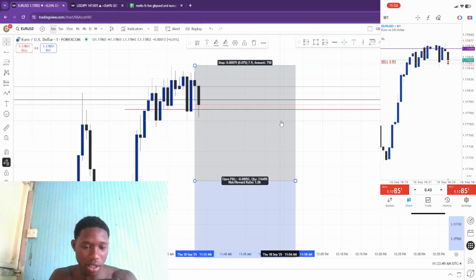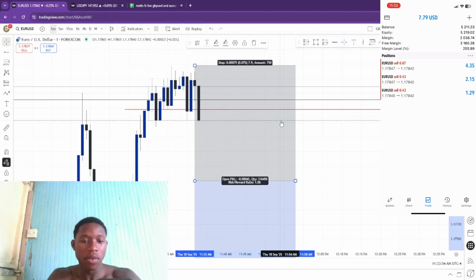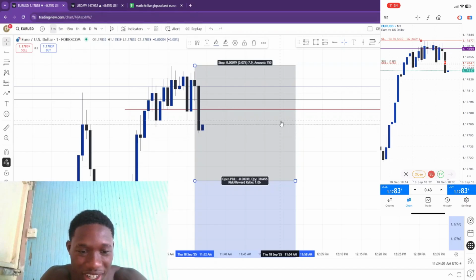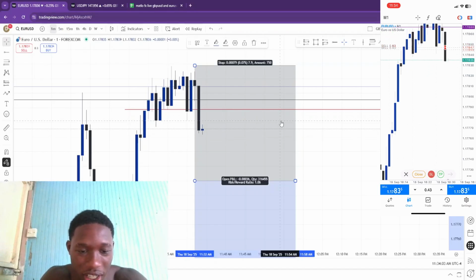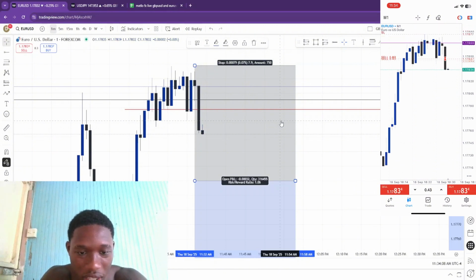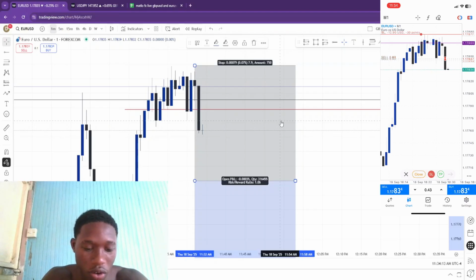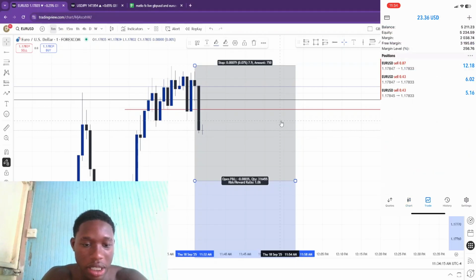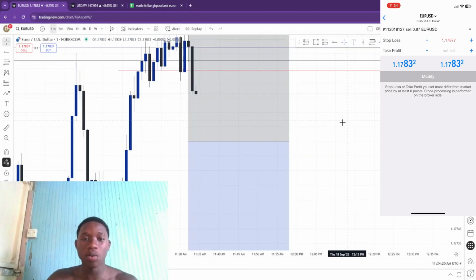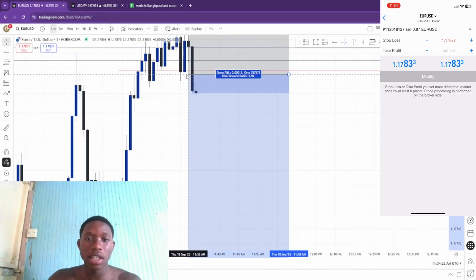All my SLs are supposed to be in free. Yeah. Okay. Now the 0.8. Let me try and move that to a 1 to 1. Oh my gosh. Come on. Take profit would be... I think I entered that trade someplace there.